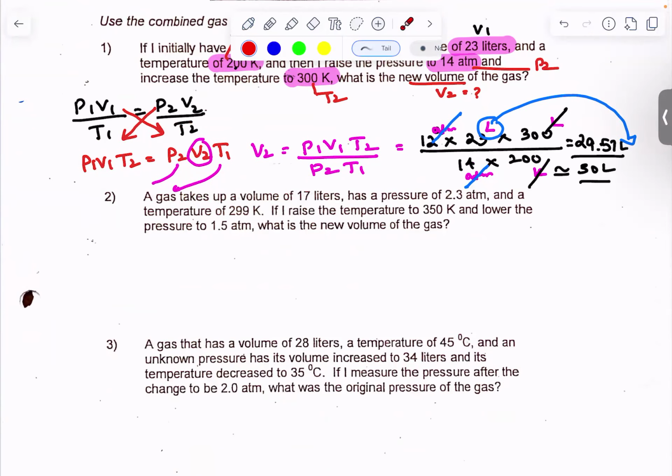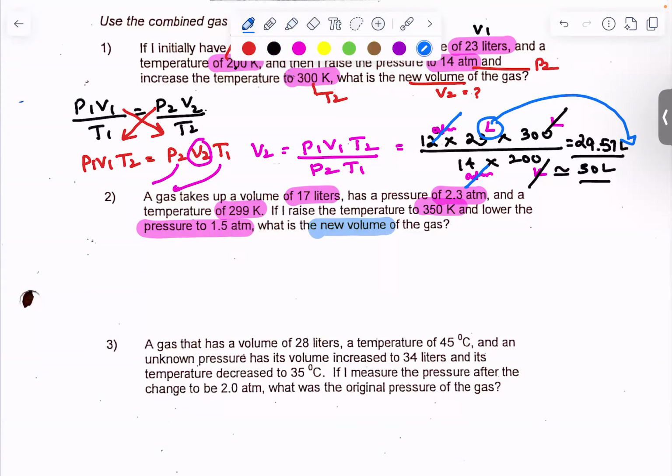A gas takes up a volume of 17 liters and has a pressure of 2.3 atm and a temperature of 299 Kelvin. If I raise the temperature to 350 Kelvin and lower the pressure to 1.5 atm, what is the new volume of the gas? So P1 V1 over T1 equals P2 V2 over T2.